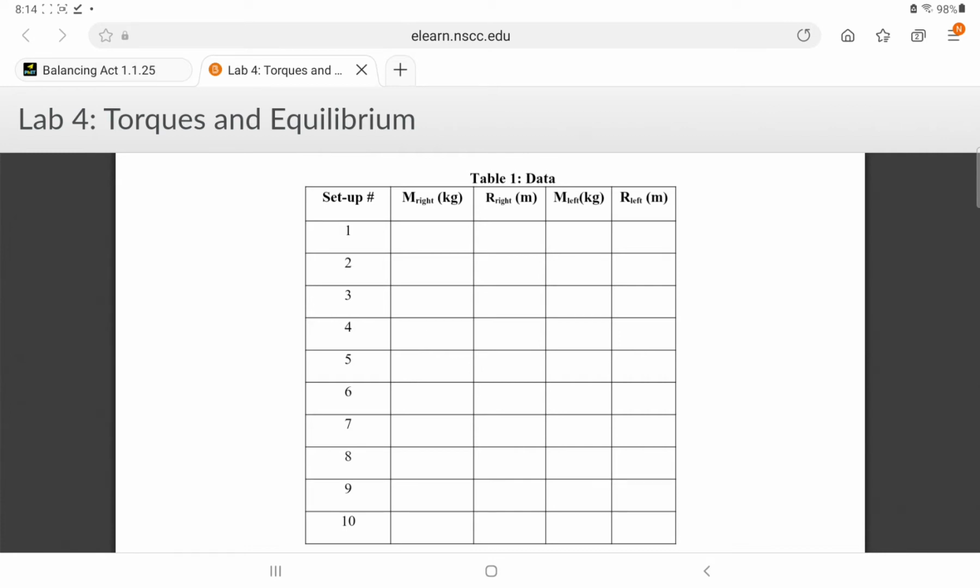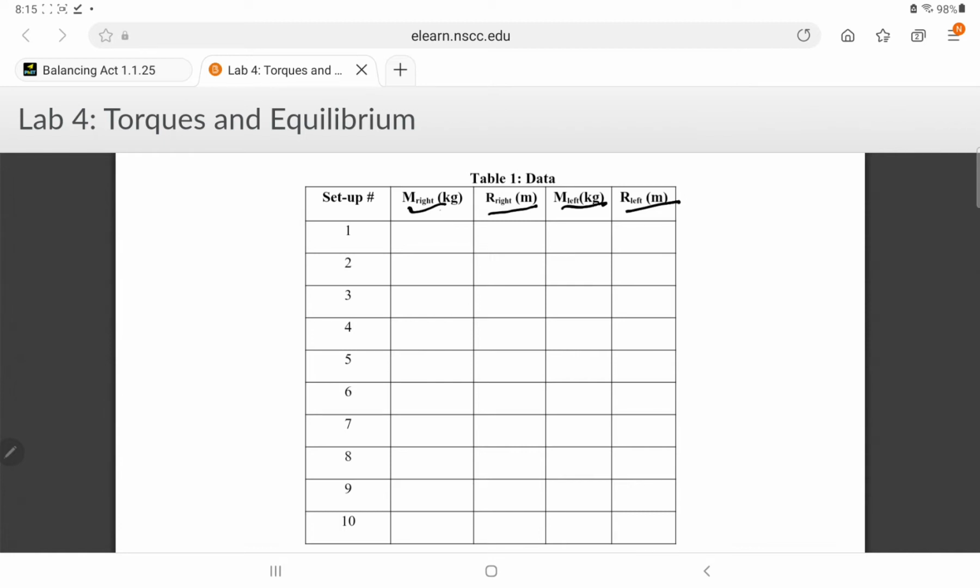Look at the first column. You have to measure the mass on the right side and the mass on the left side. Then r right is the distance from the center point to where you put the mass on the right, and r left is the distance from the center to the left, at which you kept a mass.